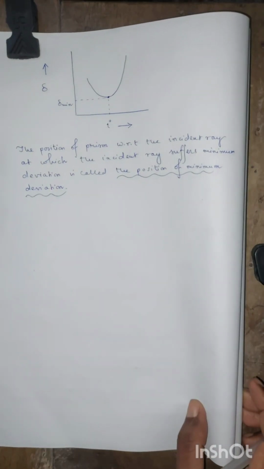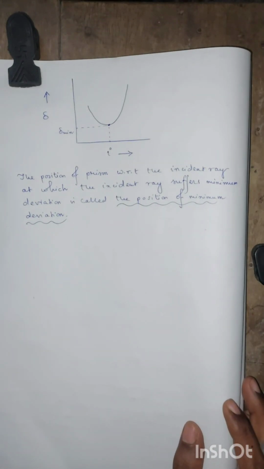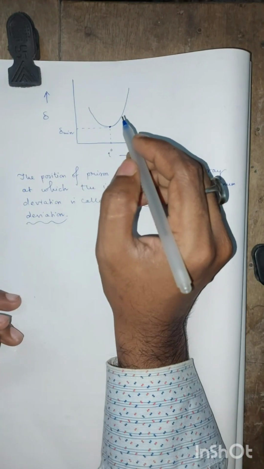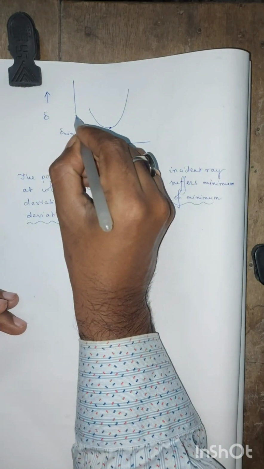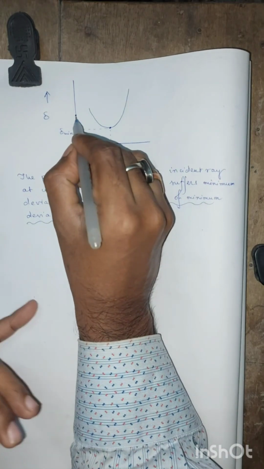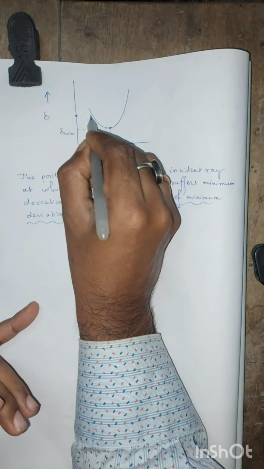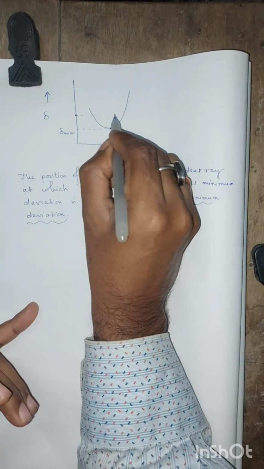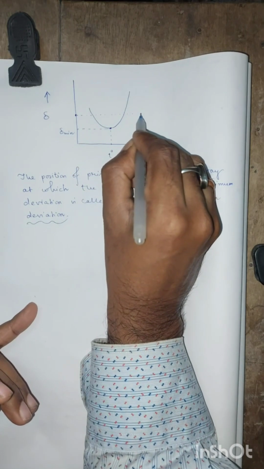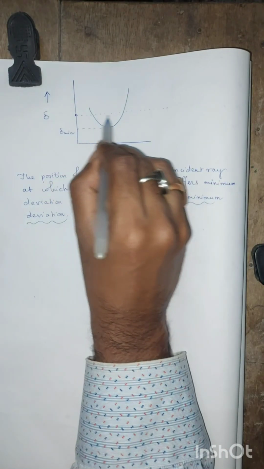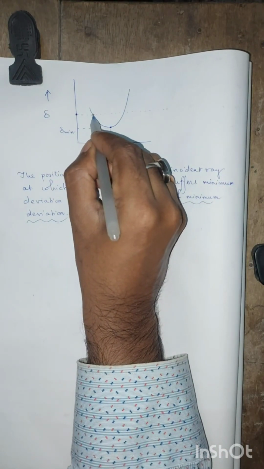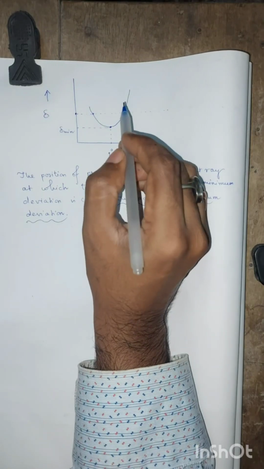We can see that for a specific value of delta, let us assume this value of delta, if we draw a line parallel to the x-axis, this line can cut the curve at two points.